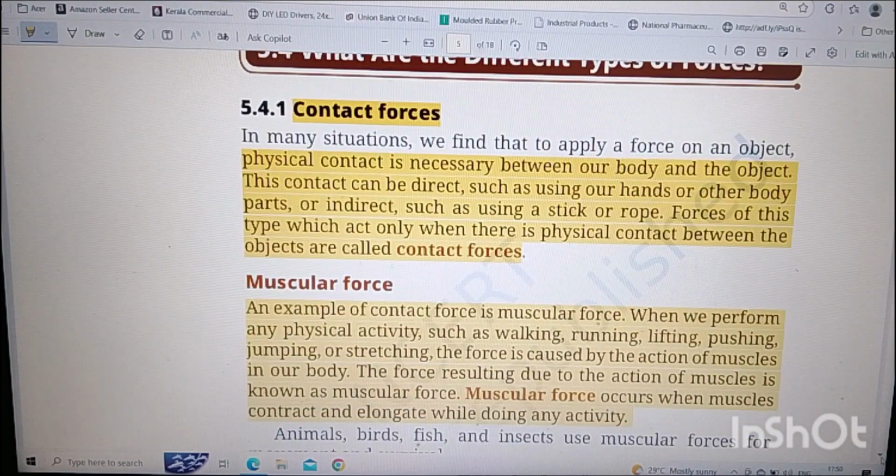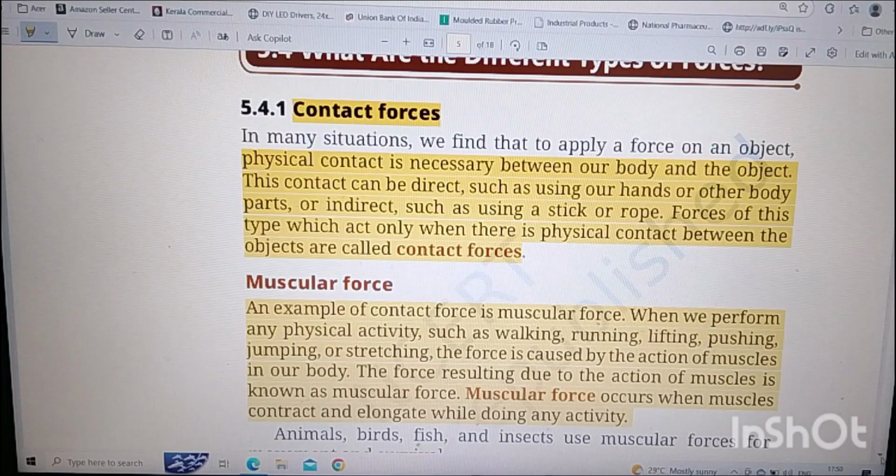The force caused due to the action of muscles is known as muscular force. Our human muscles contract and elongate, and due to this contraction and elongation, muscular forces occur. Different kinds of day-to-day activities are done due to muscular forces.